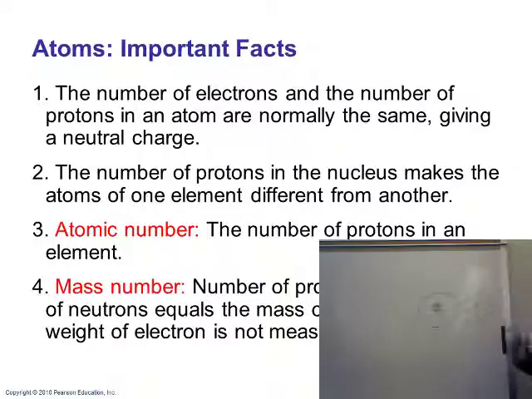So the number of protons is the atomic number, and the atomic mass or mass number is 6 if you add protons and neutrons. Now, since you know that in an atom the number of protons and neutrons is the same, so always the atomic number is half of the mass number, because these two are the same in number.